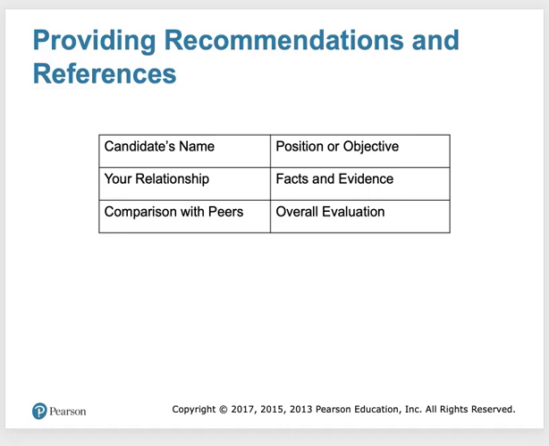But be sure that you put the candidate's full name, your relationship to the candidate, the position that the candidate held under you, or whatever your relationship with the candidate is, and then any facts or evidence relative to the candidate, and then a comparison of the candidate's potential with that of peers, if that information is available, and then end with your overall evaluation of the candidate's suitability for the opportunity. There is a sample on page 236.